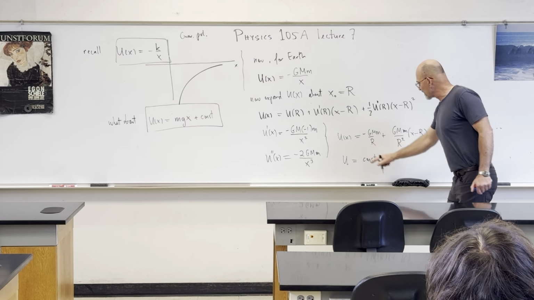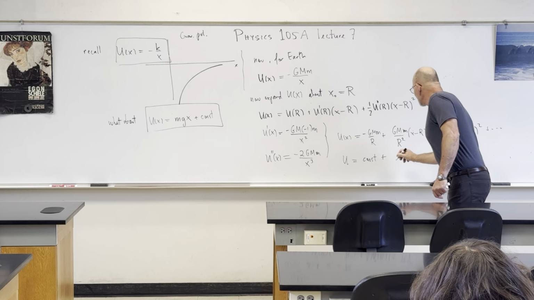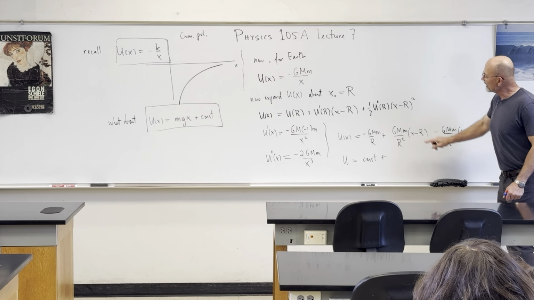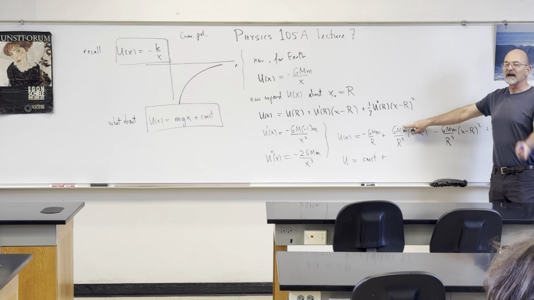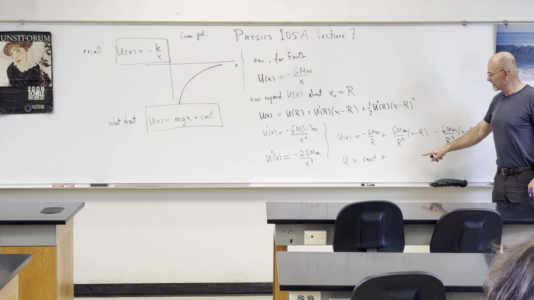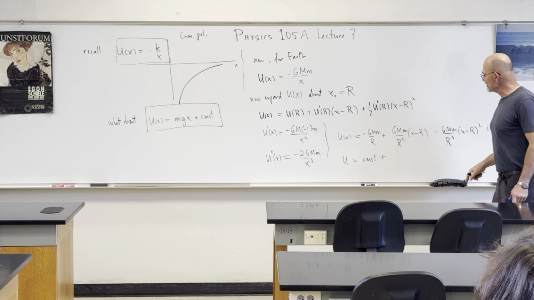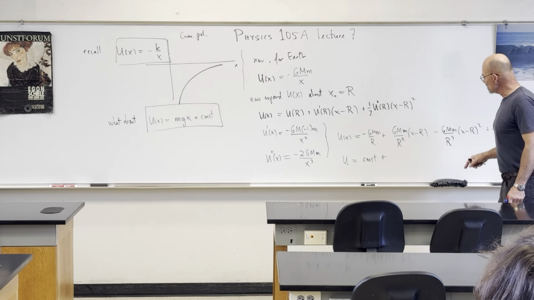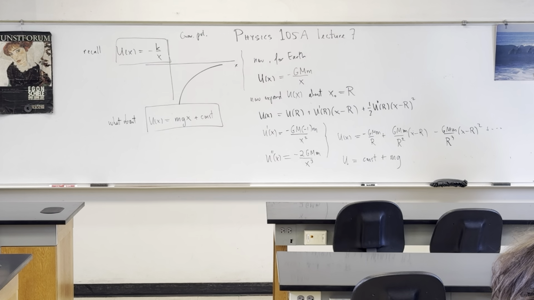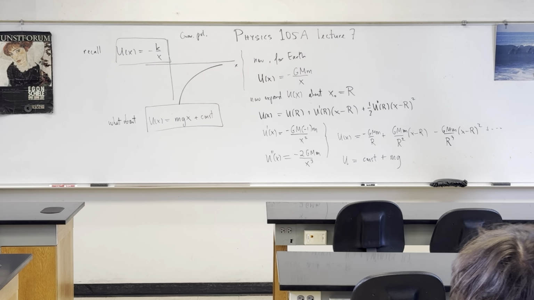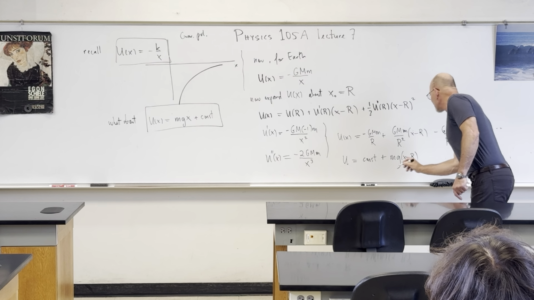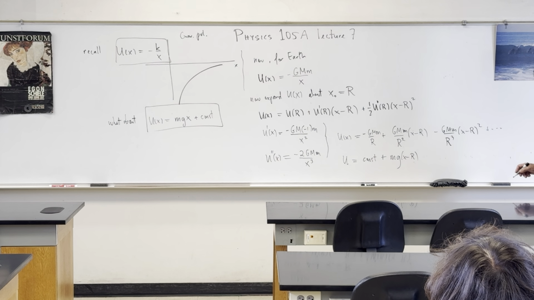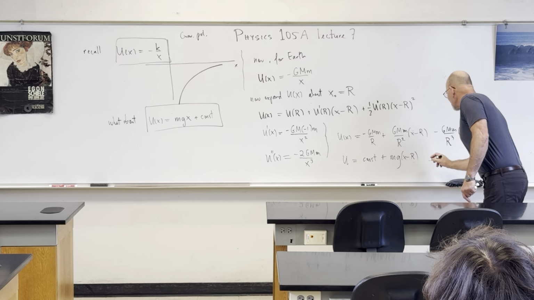This next one, what am I going to replace this with? Four lines back in your notes. This is going to be mg times (x minus R).